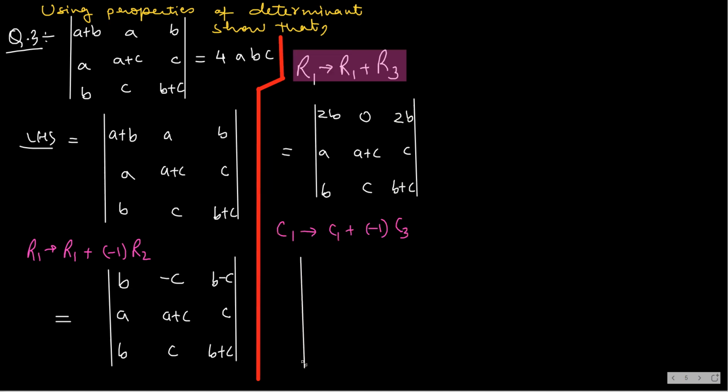So here see what I get. C1 is going to change, not C2 and C3. So C2 I'll write as it is: 0, A plus C and C. C3 I will write as it is: 2B, C, B plus C. C1 is going to change. How? You'll multiply by negative and add it.